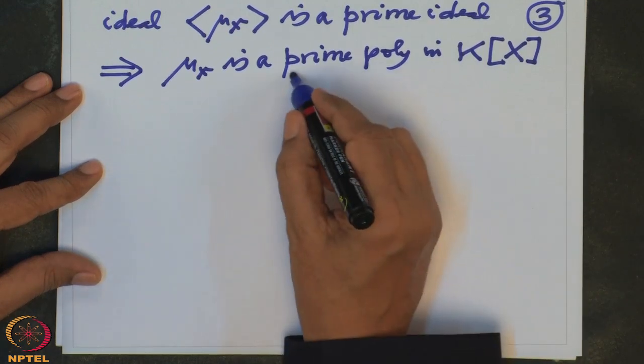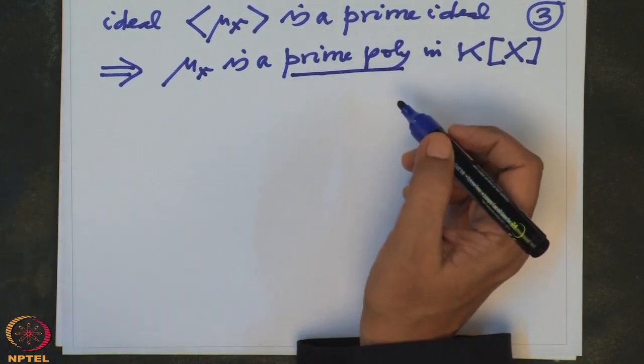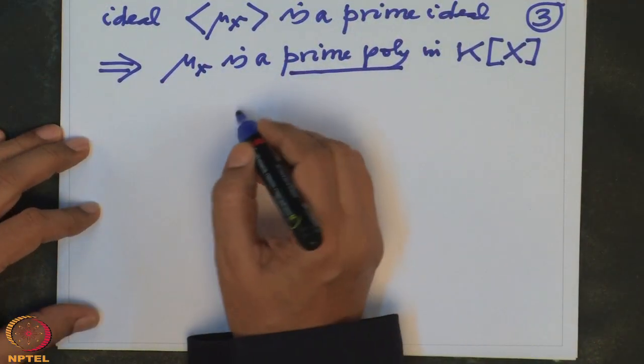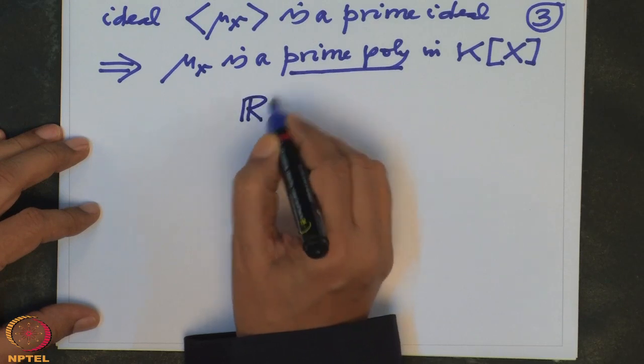Let me remind you, prime polynomial means a monic polynomial which is not a unit, and it cannot split into two proper factors. That means the only divisors are unit times that itself. Those are the prime polynomials. So, for example, in R[x] we have seen what the prime polynomials are.